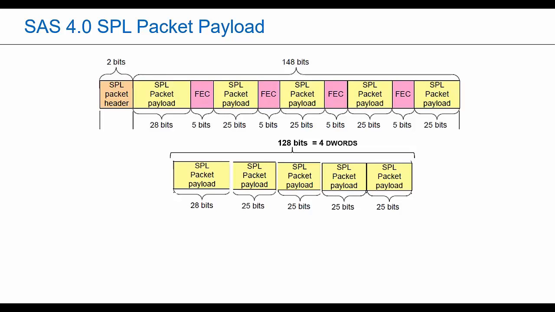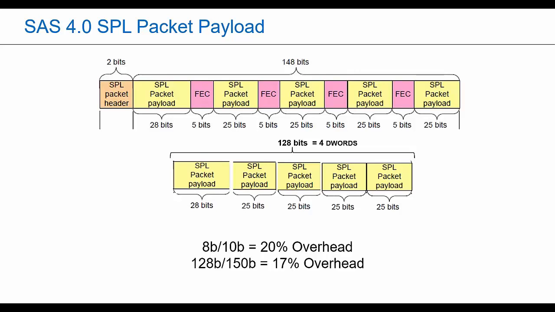So that's how we yield 128 bits. Again, they could contain primitives or logical SCSI SMP data. Also could be idle. The logical idle packets in SPL are considered deletable at the PHY layer.